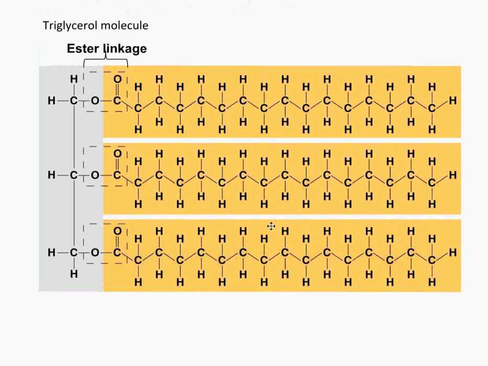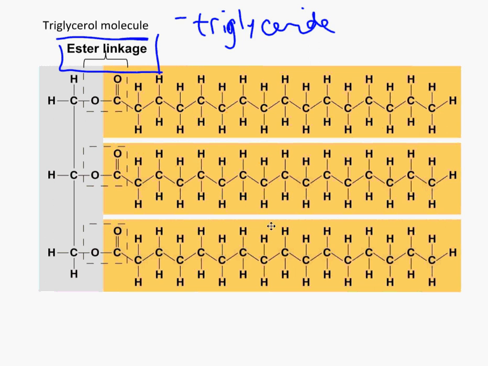Triglycerol molecule, or maybe a word you've heard before, is a triglyceride molecule. And if you've ever had blood work at the hospital, they'll tell you what your triglyceride count in your blood is. It's just the amount of fat in your blood. The bond that connects a fatty acid to the glycerol is called an ester linkage, so you should know that.